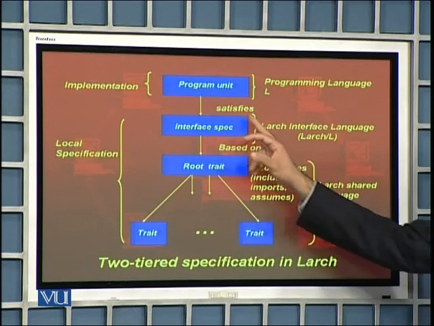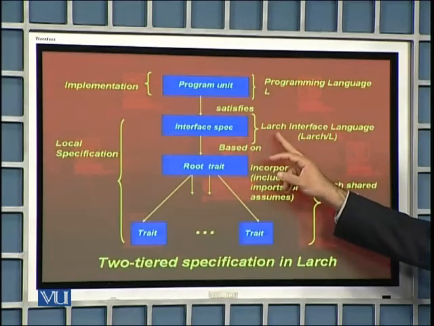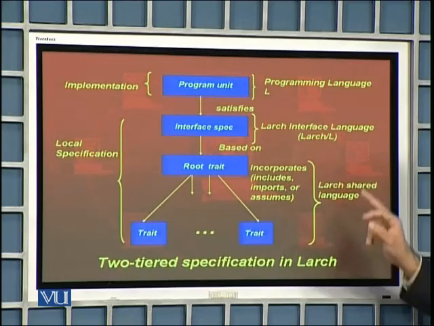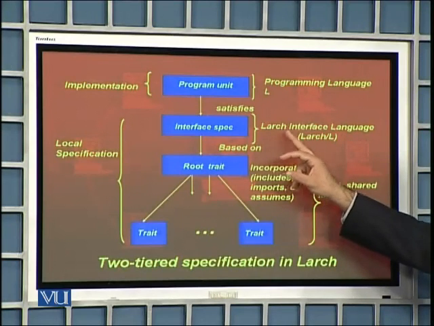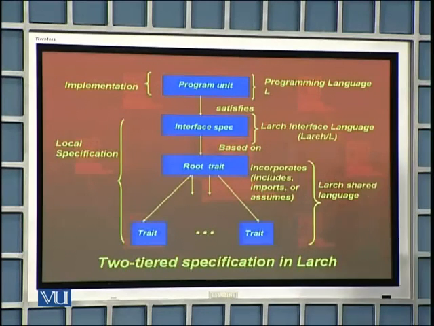So there are many different interface languages. There are many different LILs. There is a Larch interface language for C. There is a Larch interface language for C++. There is a Larch interface language for Smalltalk, and so on and so forth.